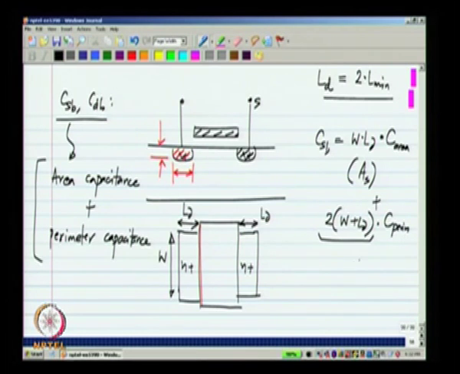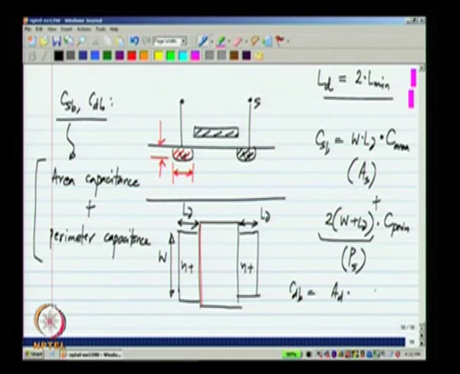And this parameter is usually denoted PS while you describe the MOSFET in a simulator. We are of course looking at regular structures which have a rectangular area, but you could also have other odd shapes. Then you specify the area and the perimeter of the source and drain junctions directly. Similarly, for the CDB we will have AD, that is the drain junction area, times the capacitance per unit area, plus the drain junction perimeter times the capacitance per unit perimeter.